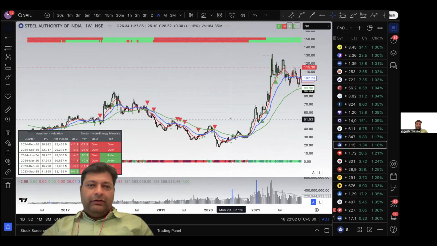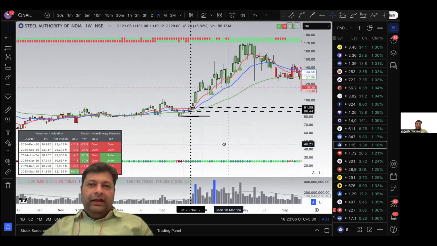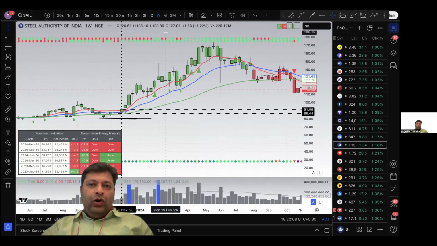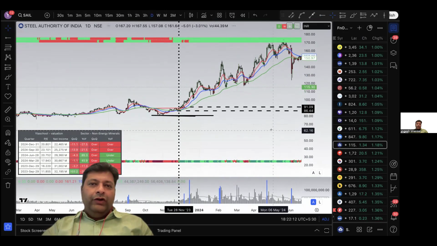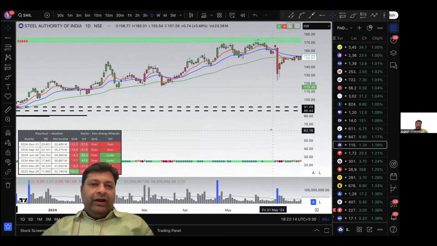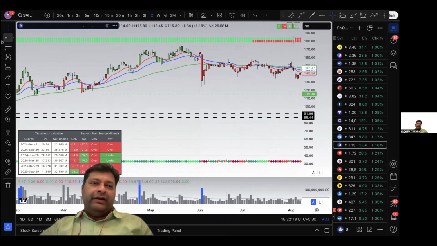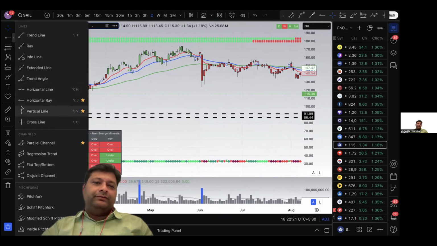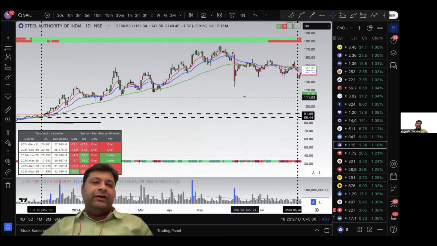Exit is very simple on your daily time frame. On your daily time frame, when both the relative strength indicators convert to red, that is your exit. Simple. Here, where both your relative strength turns red, that's where your exit is.